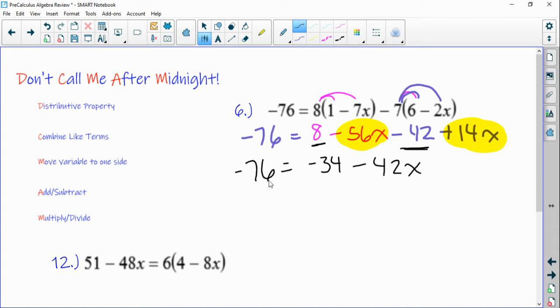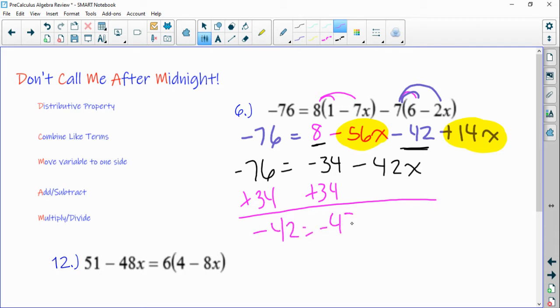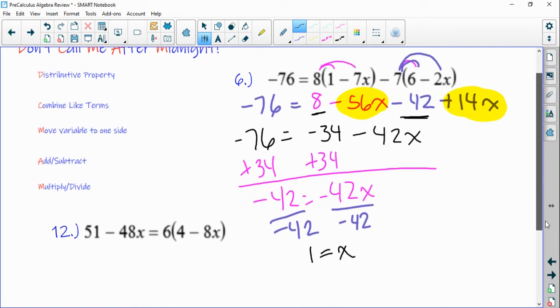Now what are we going to move? We're going to move the 34, by doing a plus 34 to both sides. We have -76 plus 34. That's a negative 42. Okay. And then the last step is to divide by negative 42. So what is x equal to? 1. Okay. That's problem number 6 on your sheet that you have available.